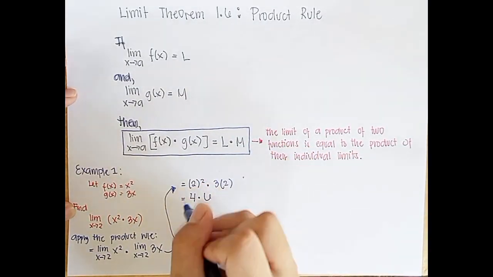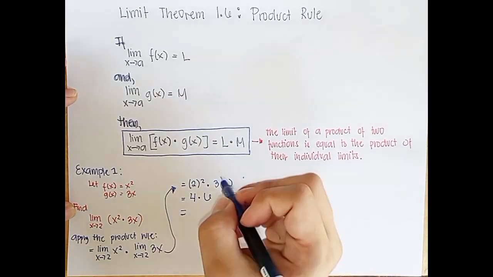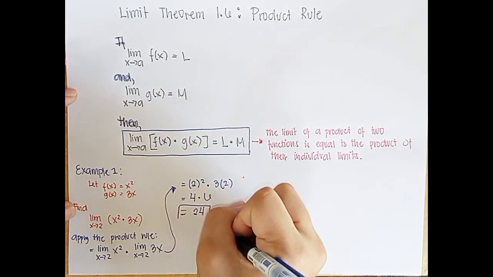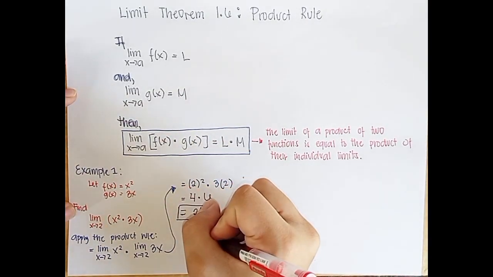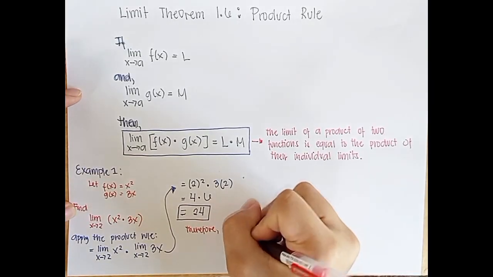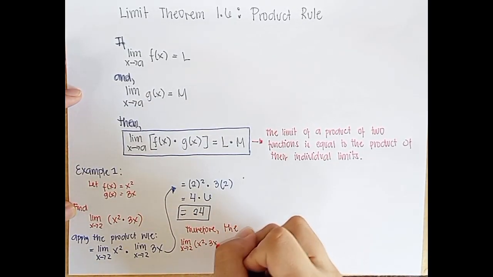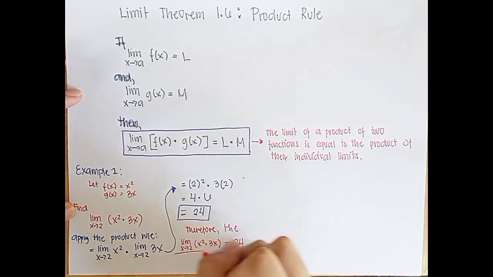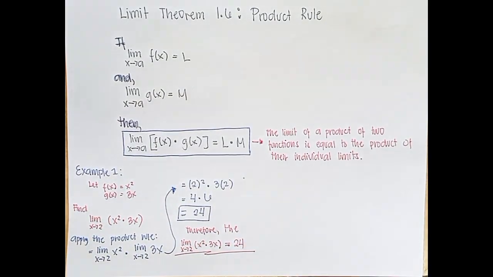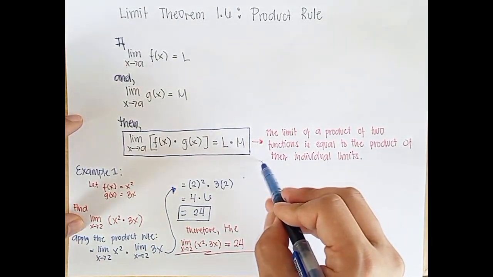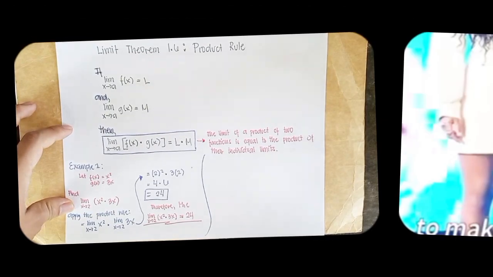So 2 squared is equal to 4, times 3 times 2, which is 6. Therefore, 4 times 6 is equal to 24. Therefore, the limit as x approaches 2 of x squared times 3x is equal to 24.